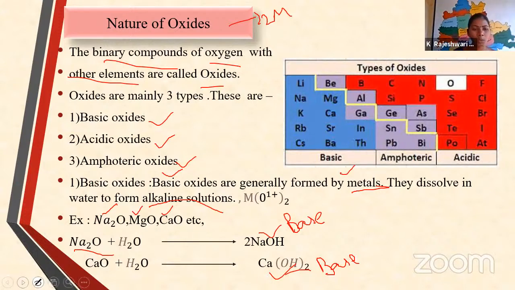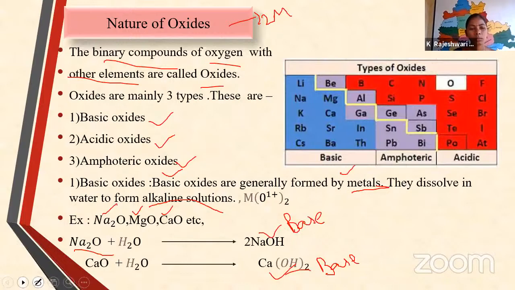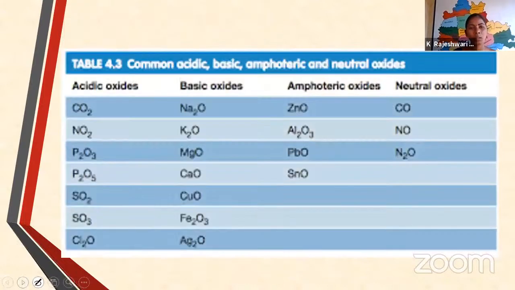Now let us see about the acidic oxides. Acidic oxides are carbon dioxide, nitrogen oxides, P2O3, P2O5, SO2, SO3, Cl2O. These are acidic oxides. The 6th group and 7th group elements form acidic oxides.